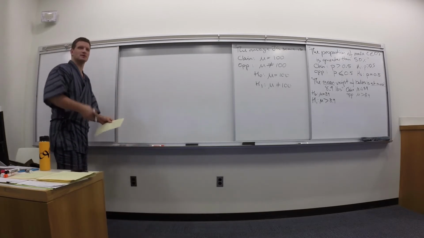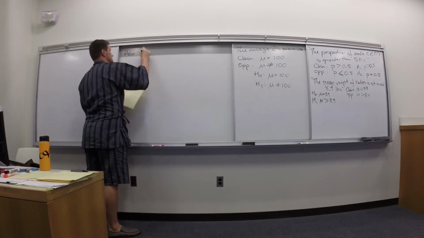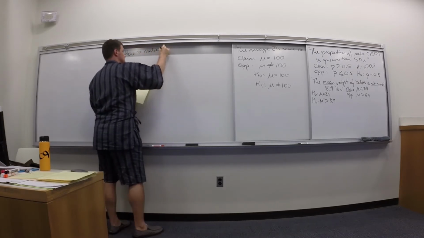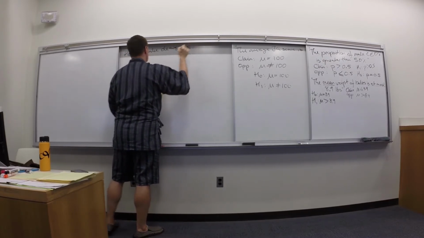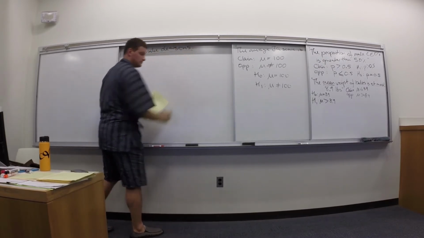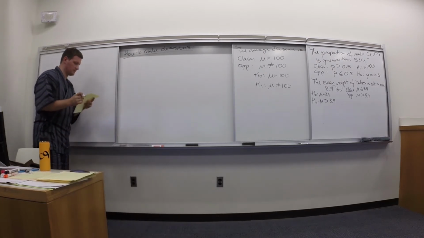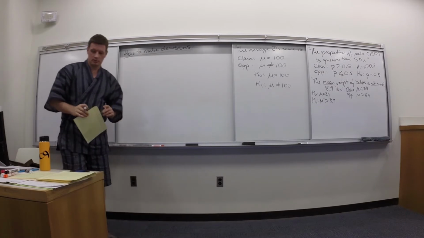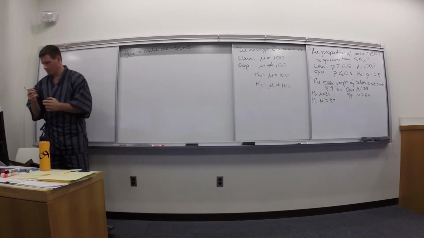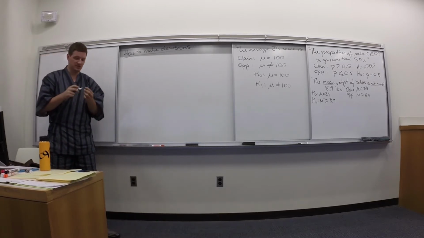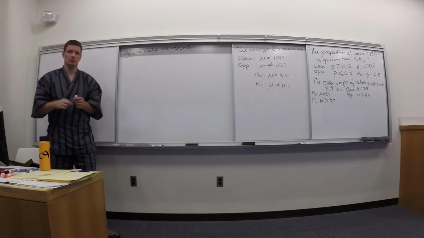Well, this class is called decision making, so let's make a decision. How to make decisions? Can we be certain about what the population is going to do? No, right?